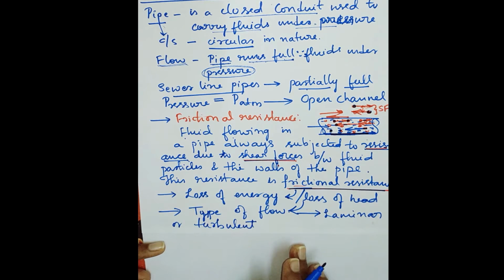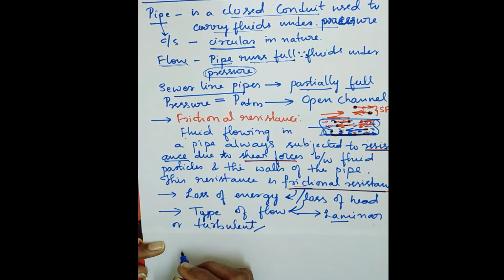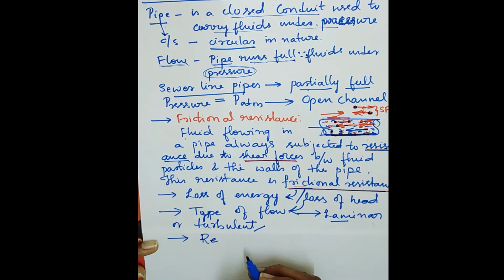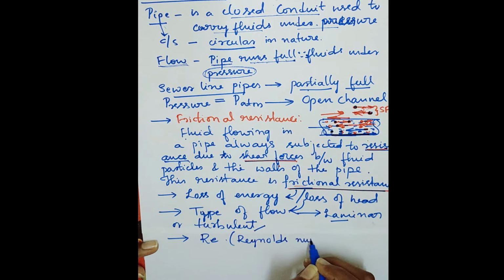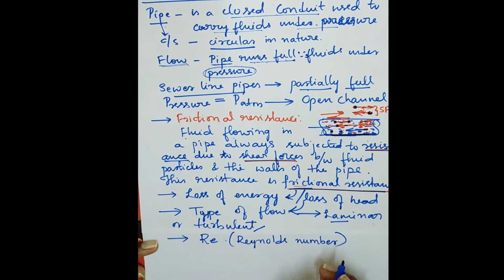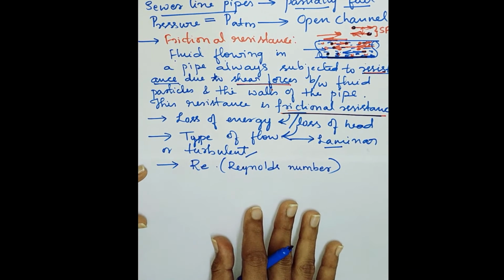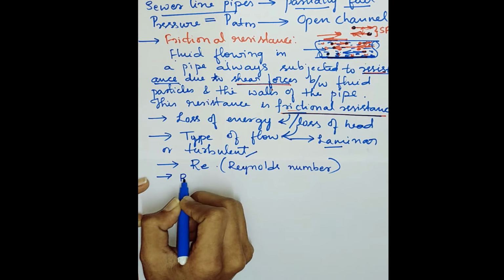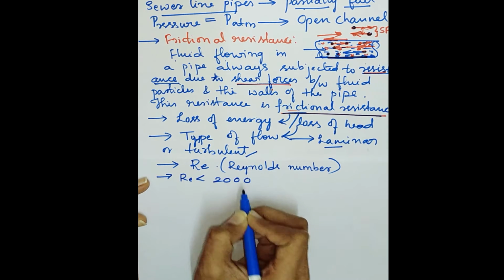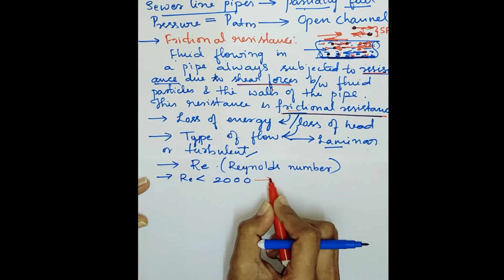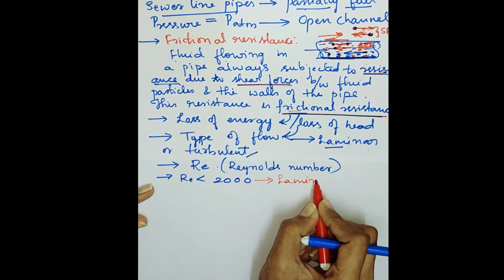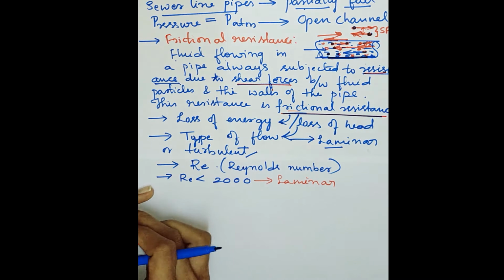And whether it is a laminar or turbulent flow is decided based on the Reynolds number, that is Re. If Re, the Reynolds number, is less than 2000, then the flow is laminar.